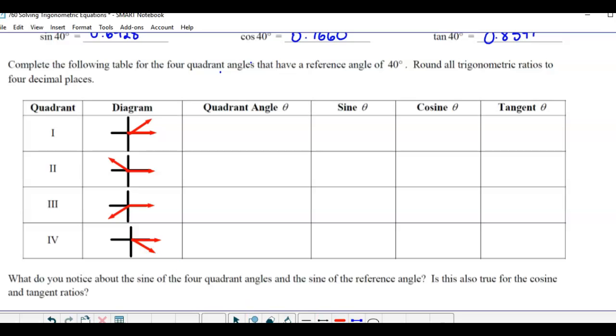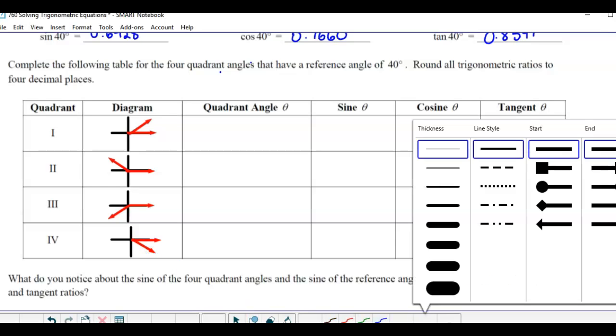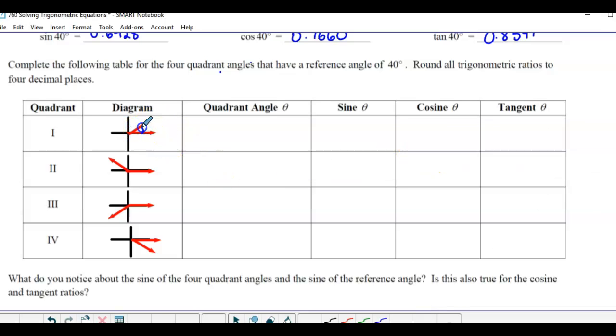Okay. And then when we actually show the angle, it's just there. That's your angle theta, right? So this is theta. There are coterminal angles to that, but we're keeping it between 0 and 360.